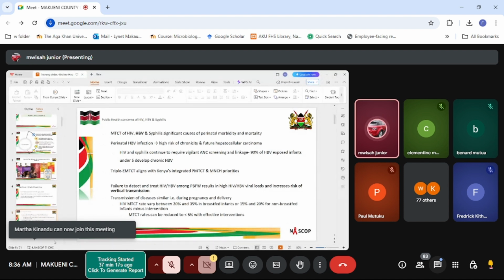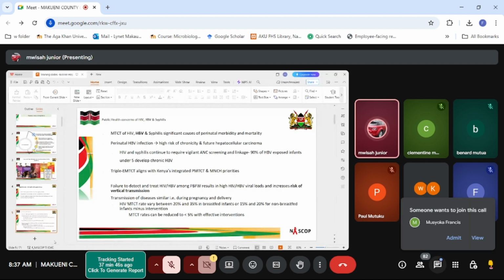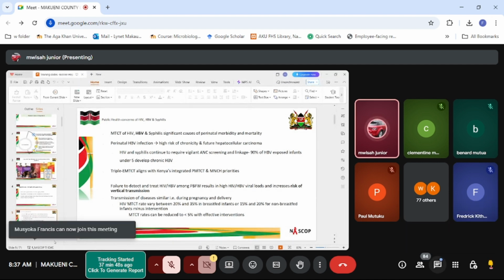Triple EMTCT aligns with Kenya's integrated PMTCT and maternal, neonatal, and child health priorities. Failure to detect and treat HIV and hepatitis B among pregnant and breastfeeding women results in high HIV and hepatitis B viral loads and increases risk of vertical transmission. The transmission of the diseases is similar, that is during pregnancy and delivery.